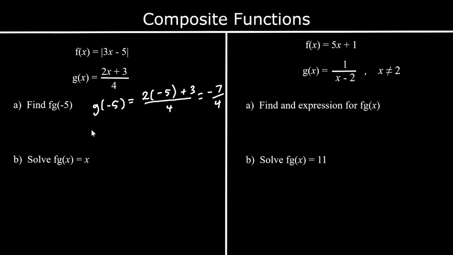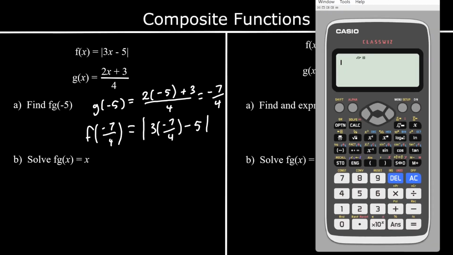So we're going to do f of minus 7 over 4. And that's the modulus of 3 times minus 7 over 4, take away 5. So type it in the calculator. So the absolute value of 3 times minus 7 over 4, take away 5 is 41 over 4.